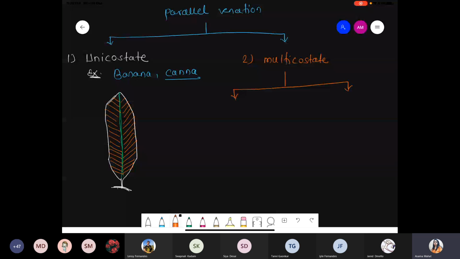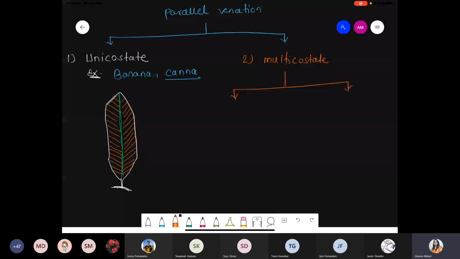Another one, that is divergent. In case of the convergent, simple example, bamboo and the grasses. Grasses also are showing convergent, what we say, multicostate condition. So suppose this is a leaf, and inside the leaf, from one point they arise, and they meet at the second point.